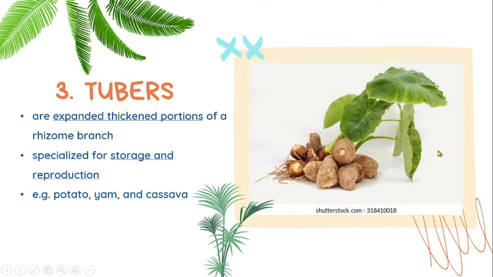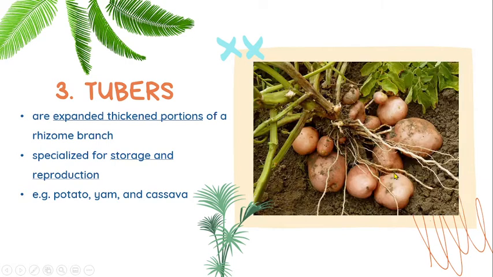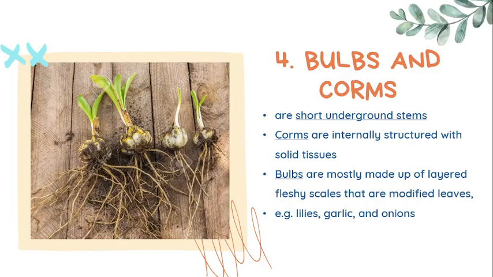Potato, yam, and cassava. So you notice that our examples are all starchy because again, they are for storage. They store that starch for consumption. Again, these are tubers.